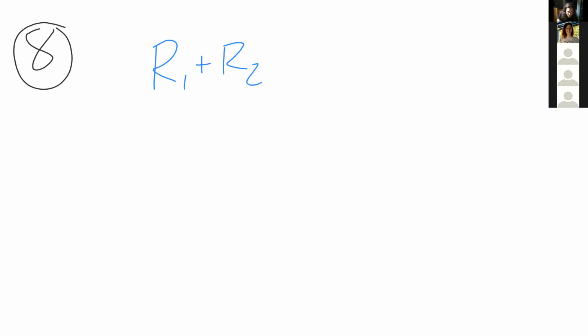Problem number 8. All right, so we have these 3 different pipes, and we're talking about part B. Okay, and we had specifically that the rate of 1 plus the rate of 2 plus the rate of 3 has to be equal to the rate of 4.